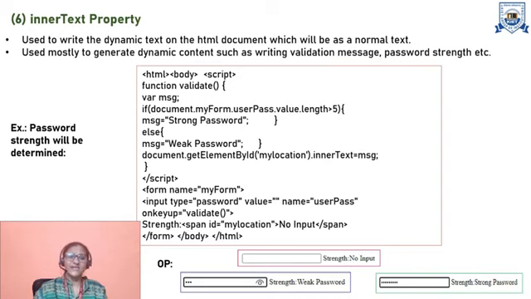Now next one is inner text property. It is used to write the dynamic text on the HTML document, which will be as a normal text. Basically, it is used to generate the dynamic content, such as validation checking during the time of writing.